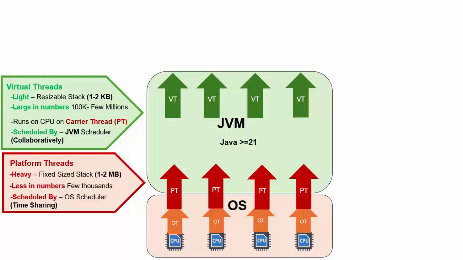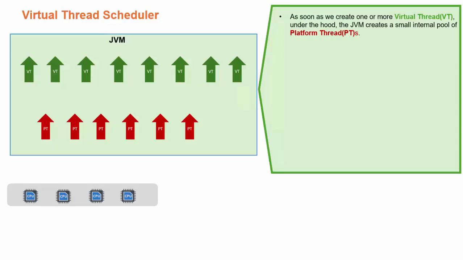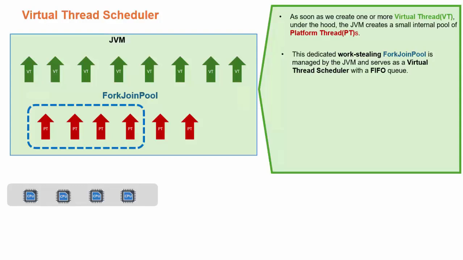Now, if we discuss further regarding the virtual thread scheduler, as soon as we create one or more virtual threads, under the hood, the JVM creates a small internal pool of platform threads, which is basically a ForkJoinPool. This dedicated work stealing ForkJoinPool is managed by the JVM and serves as the virtual thread scheduler with a FIFO, first in first out, queue.